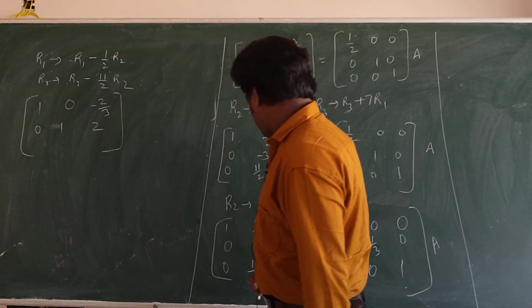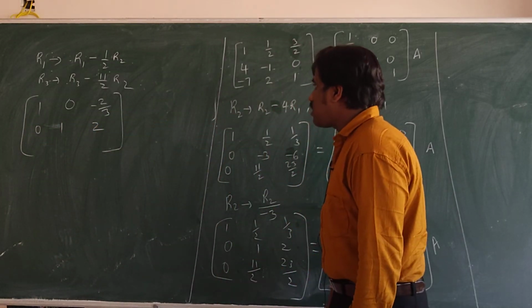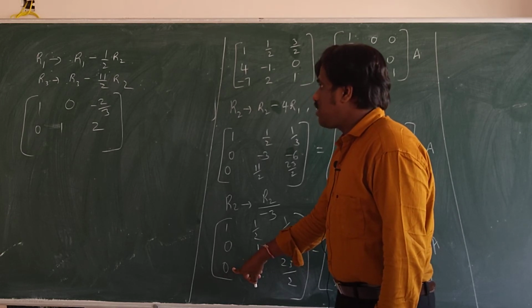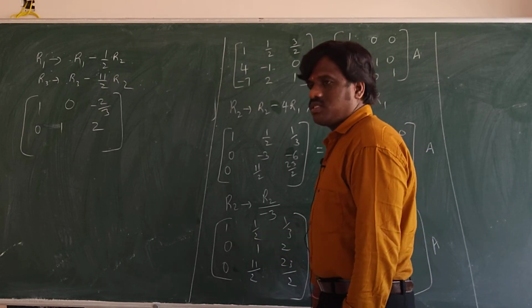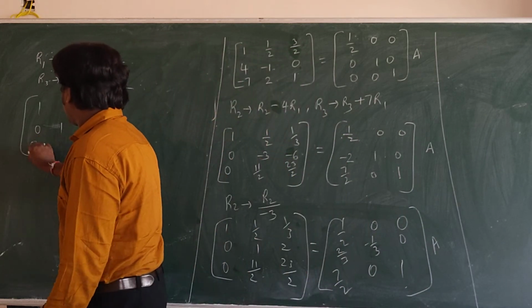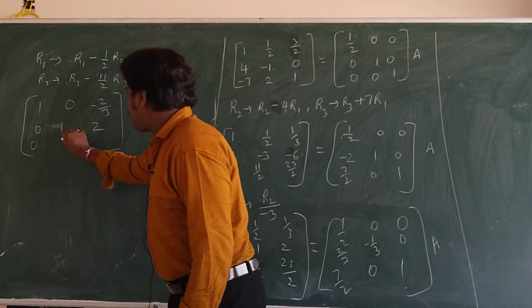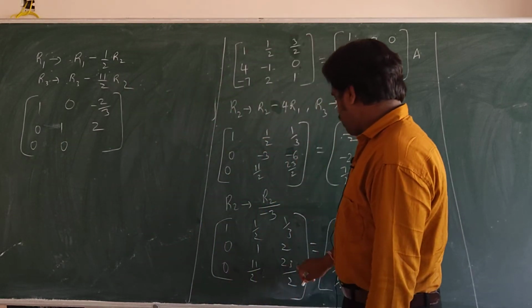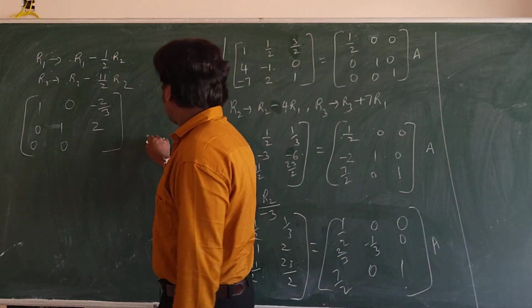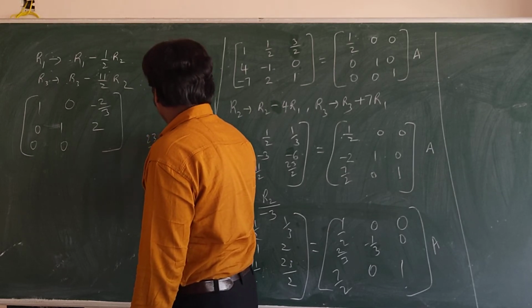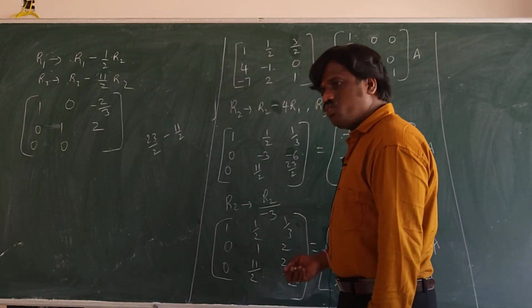R3 here, 0 minus the same, right? Next this one is 0, right? Only this one is left: 23 by 2 minus 11 by 2 into R2, which is 2.